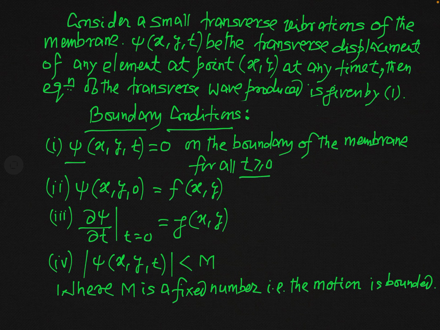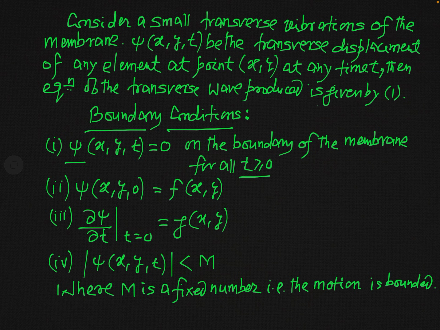So whenever x runs from 0 to A and y runs from 0 to B, this psi will remain 0. It means displacement will be 0. So this is the first boundary condition.